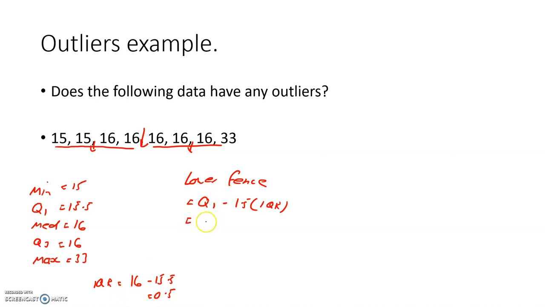So here Q1 was 15.5, take away 1.5 times 0.5, 15.5 take away 0.75. I'm just going to have to check that. Okay, so I had it right, and when you do that sum, you end up with 14.75. So any numbers below 14.75 have to be outliers. There's none below 14.75, so in this case, there is no outliers on the bottom side.